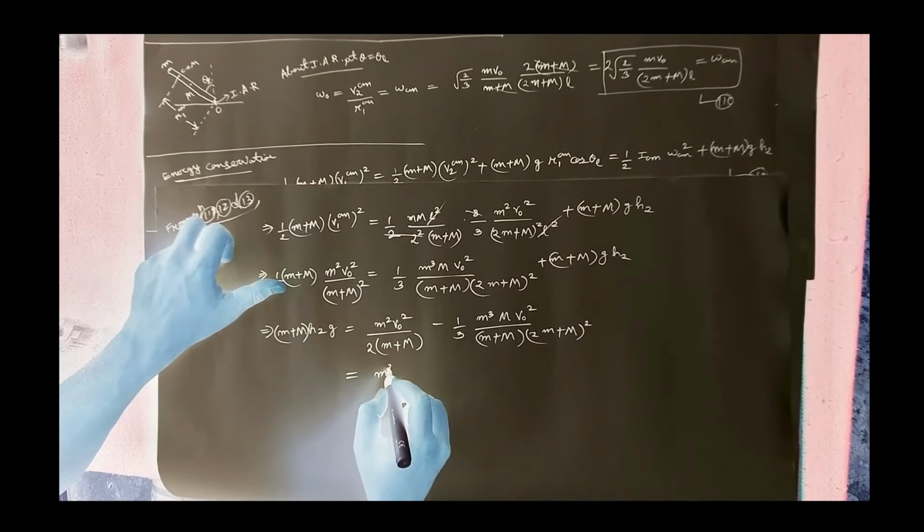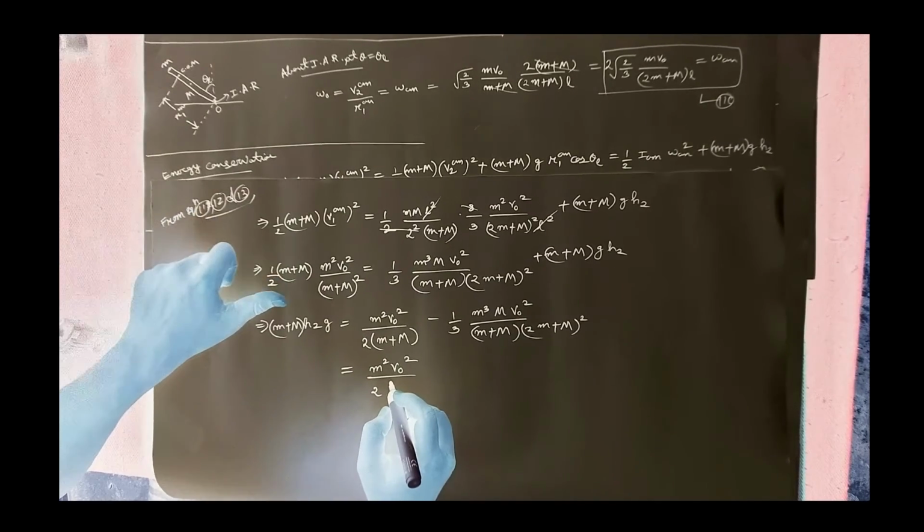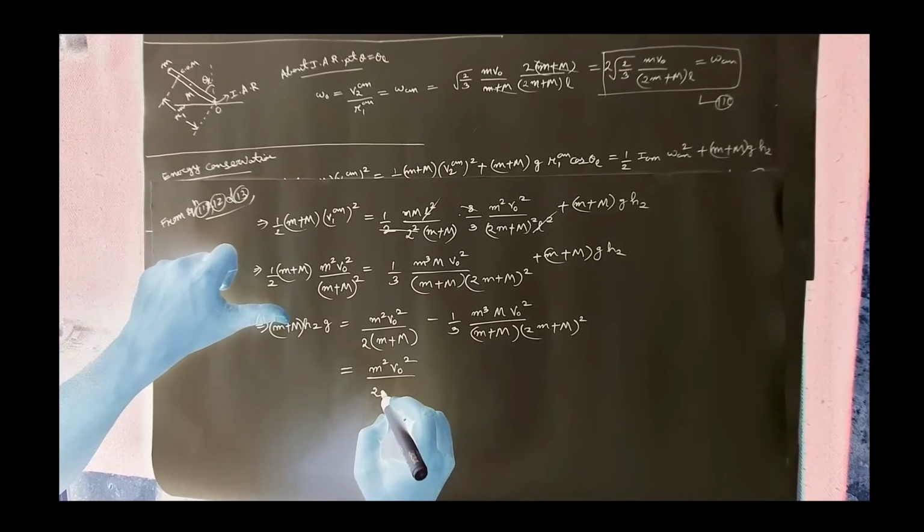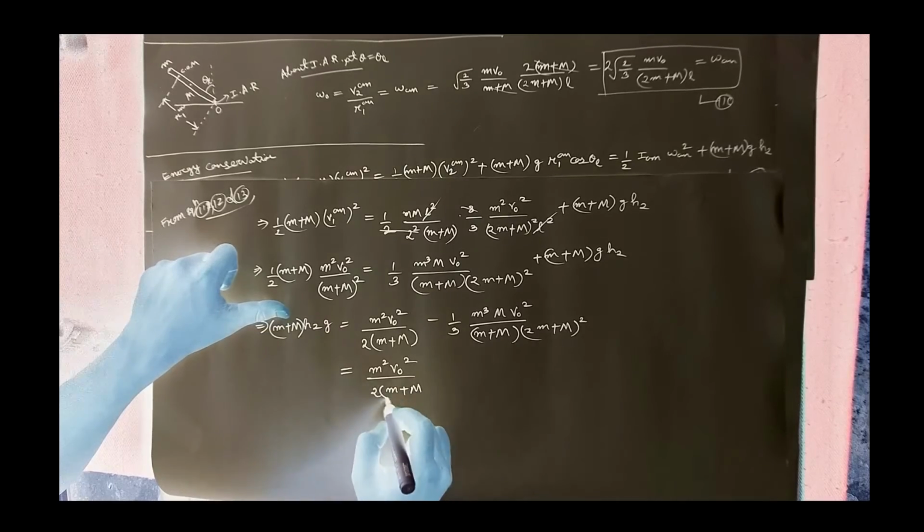Let us take common m square V naught square by 2(m plus capital M).